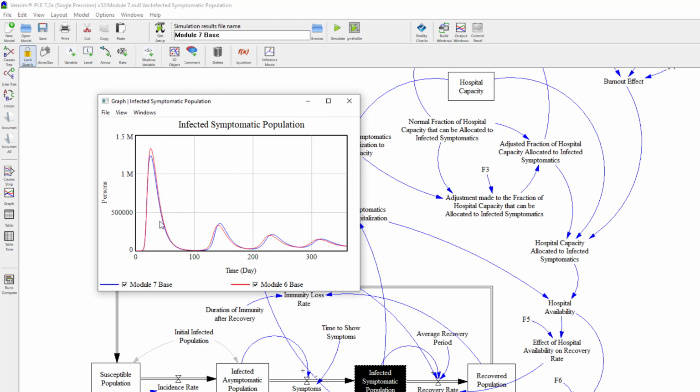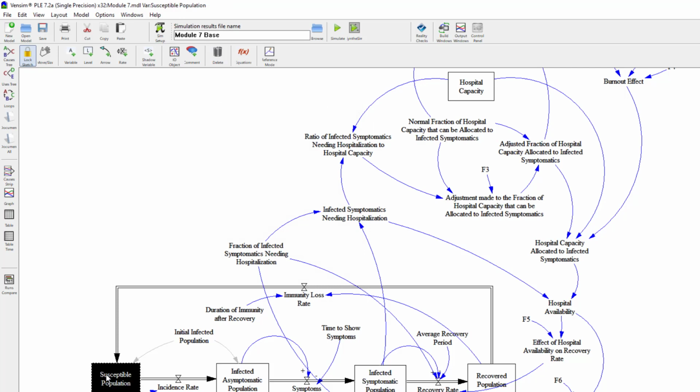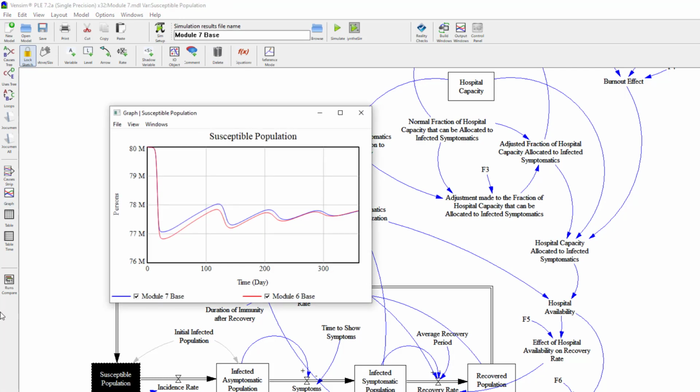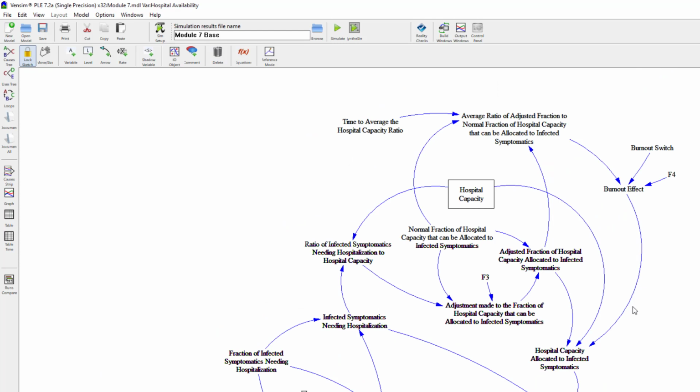This is the infected symptomatic and susceptible population, module 7 and module 6. What you're seeing here is that we haven't really turned on the burnout effect. See what's going on with how many people are needing hospitalization and how many people are actually admitted to hospitalization.